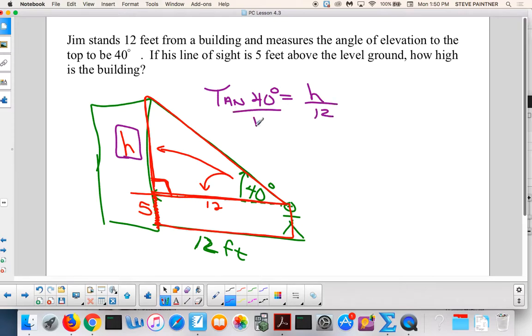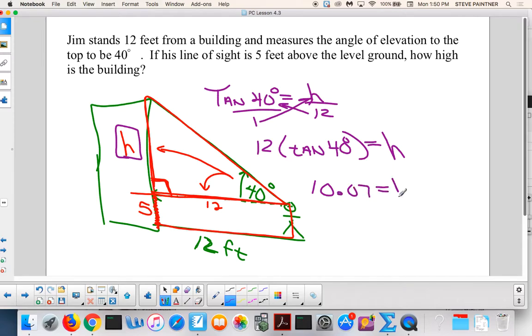This is actually pretty simple because all it was is this. 12 times tangent of 40 equals height. What was that? 10 point something like that?